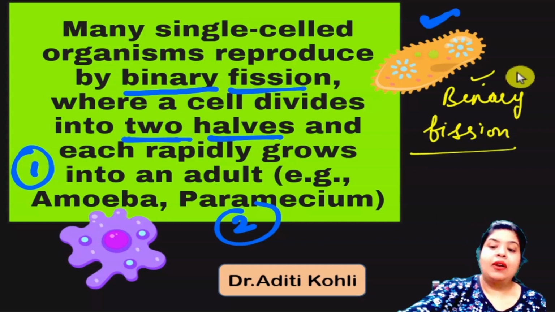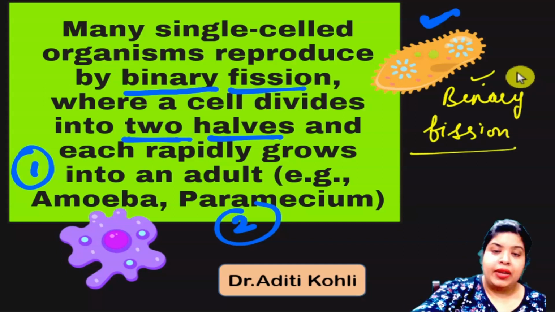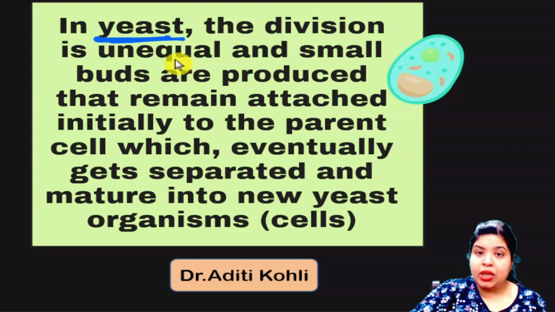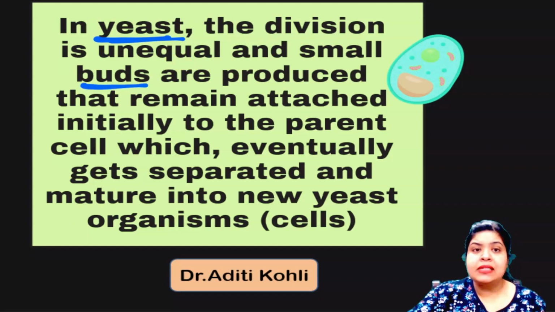Next, how do yeast divide? What happens in yeast is that the division is unequal and small buds are produced. If this is the parent yeast, a small bud-like extension will appear here. This is what you call the bud.